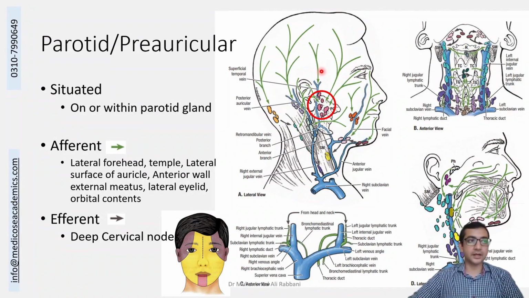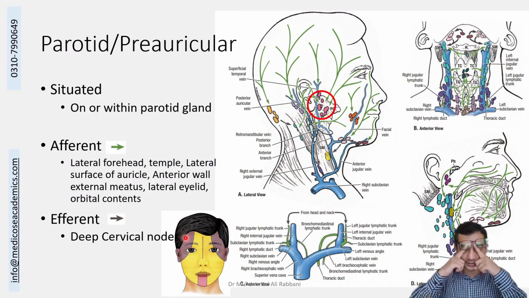An easy way to remember is to have an idea about this picture, with a line that roughly follows the pathway of the facial artery. So this is defining the area of the parotid nodes.